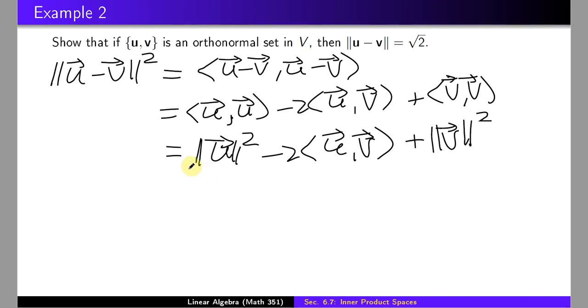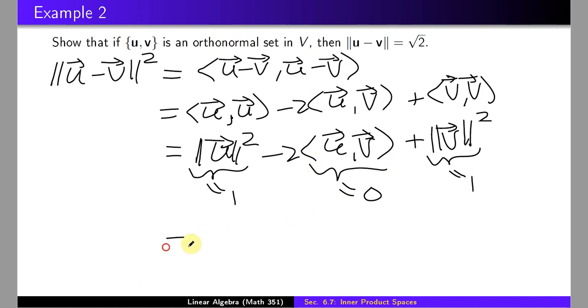But this here is length 1. We know that U has length 1 because they are orthonormal. They're normalized, so they have length 1. V is also length 1. They are orthogonal as well, and that's the other half of it. Orthogonal means their inner product is 0.